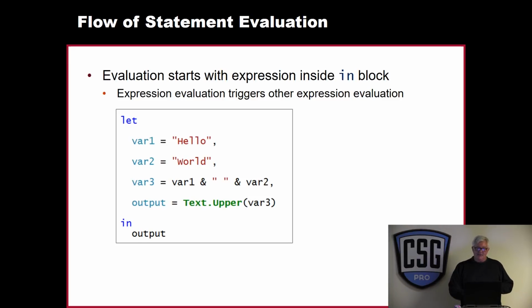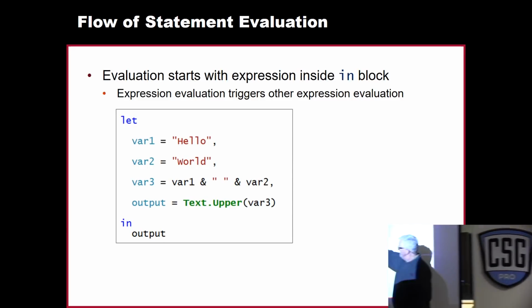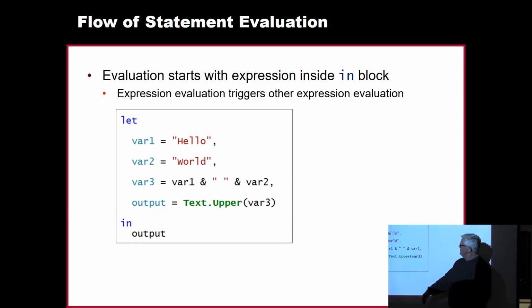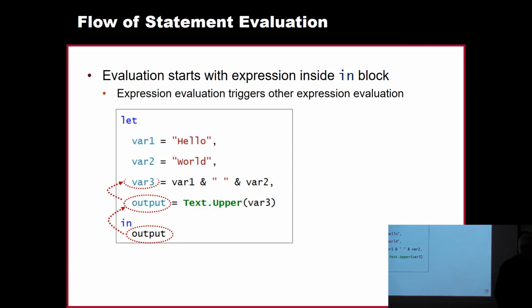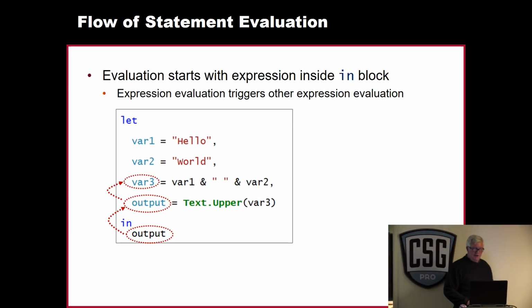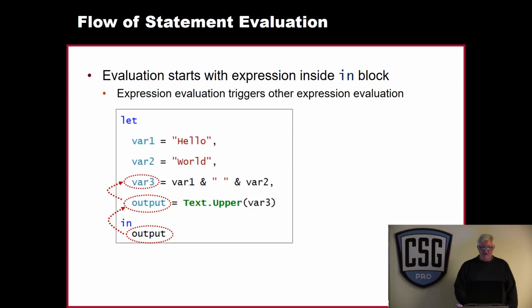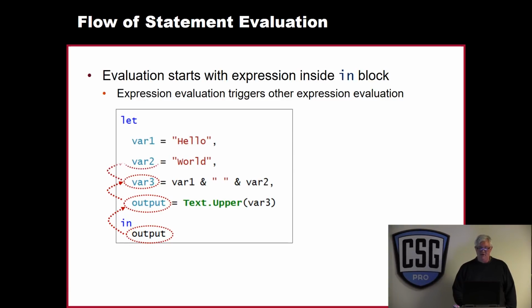Now, if we look at this right here, here's kind of a common scenario where I've written a query and I have, going down here. And so when this is evaluated, the first thing they do is they evaluate output. But in order to evaluate output, they then have to go up and evaluate text upper, and now text upper var3, they have to evaluate var3. var3, to calculate its value, we have to calculate what's the value of var1 and var2.